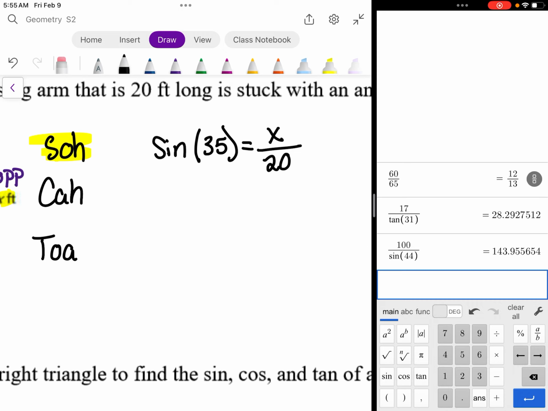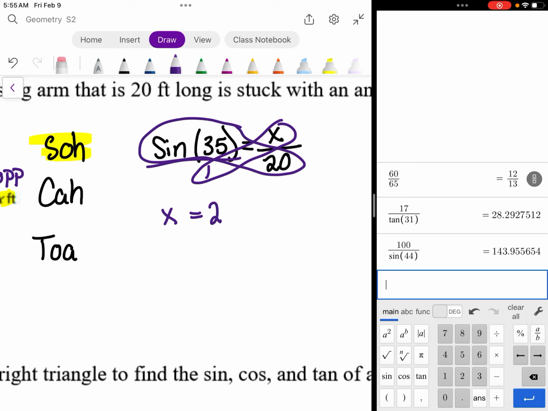Once you have your equation, then you can set it up. So we can cross multiply. This time it's 1 times x, which would be x equals, and then 20 times the sine of 35. This time, once we cross multiplied, x was already by itself. When that happens, then you can just type that into your calculator right after that step.